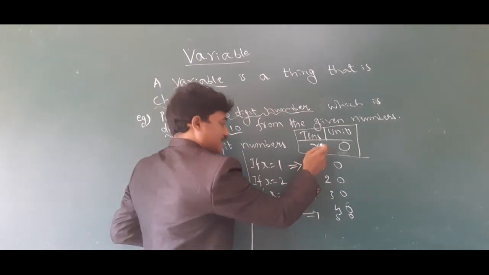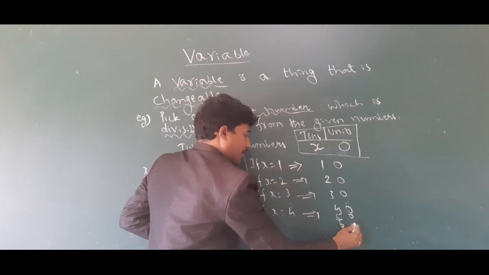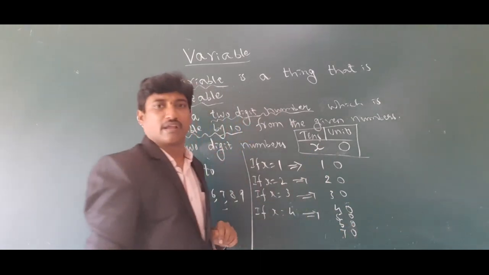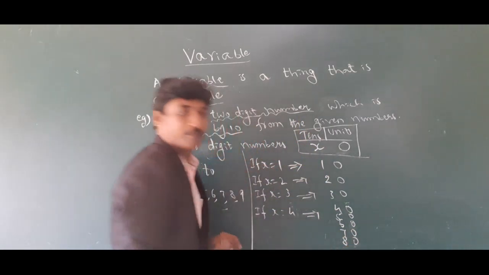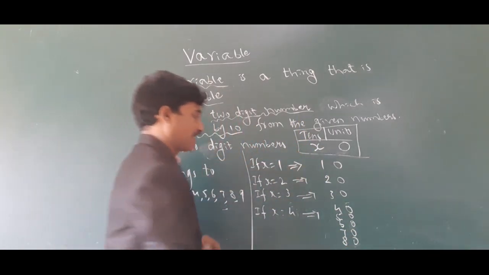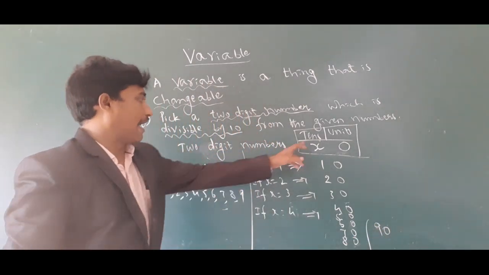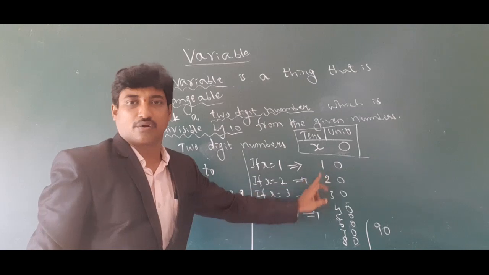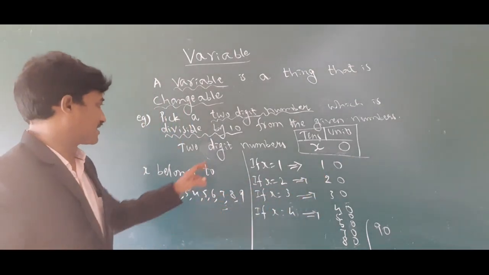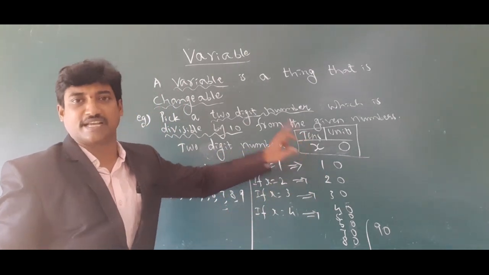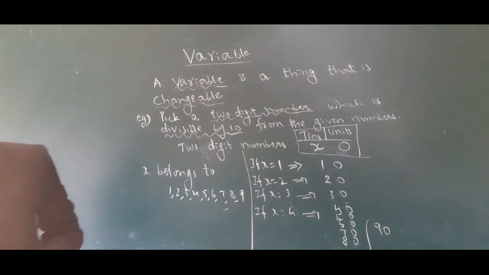If x is 6, then the number is 60. If x is 7, then the number is 70. If x is 8, then the number is 80. If x is 9, then the number is 90. So x may take any digit from the collection 1 to 9. Here x varies, x is changeable. A variable is a thing that is changeable.